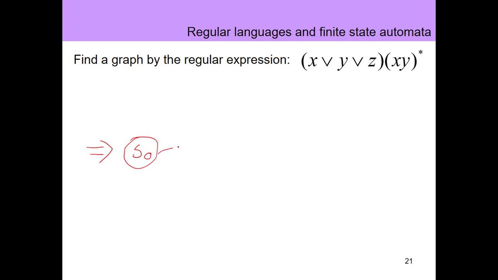So I go to a next state with either an X or a Y or a Z. At this point, apparently I can end the word because the expression is continued with a star. That means I don't have to choose anything. So this S1 is a final state. If I like, I can end it here.